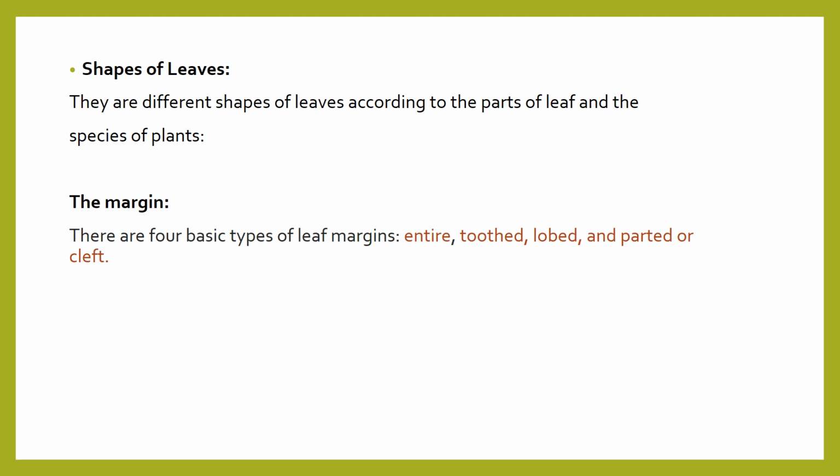For example, according to the margin, there are 4 basic types of leaf margin. As I showed you a few seconds ago, the margin is the edge of the blade.